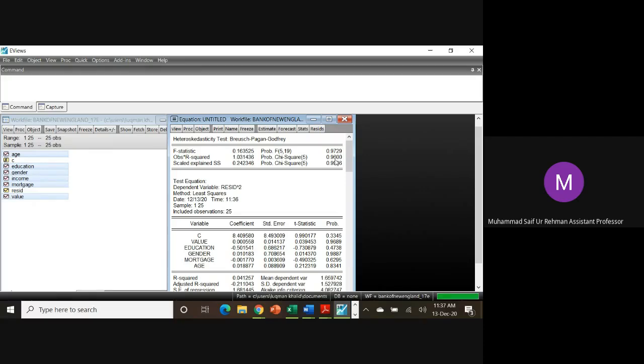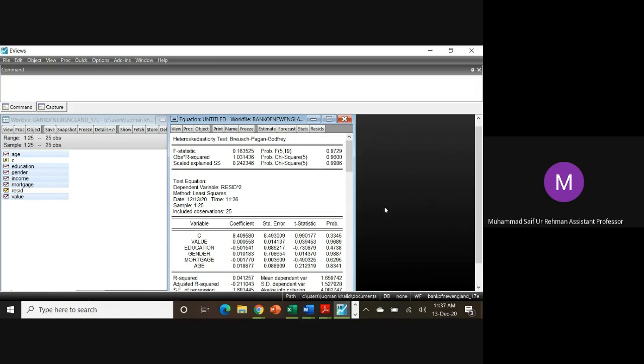So in this case, you are going to accept the null hypothesis, and the null hypothesis is that there is no heteroscedasticity in the model. So as we accept the null hypothesis, it means there is no heteroscedasticity in the model. So you should not be worried about this, in this particular case that we are solving.